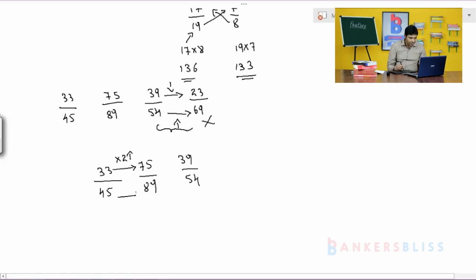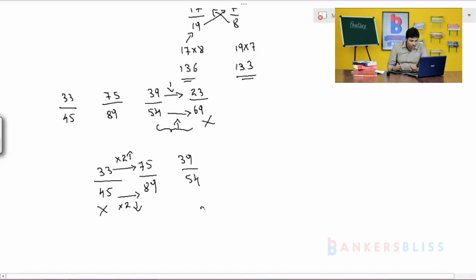In the denominator, 45 twos are 90, but it is increased by less than twice. Means the resultant fraction, that is 75 by 89, is more than 33 by 45. Why? Already we had explained: the numerator increasing rate is more than the denominator increasing rate. Therefore, 33 by 45 cannot be the answer.